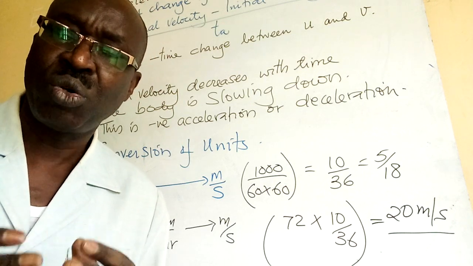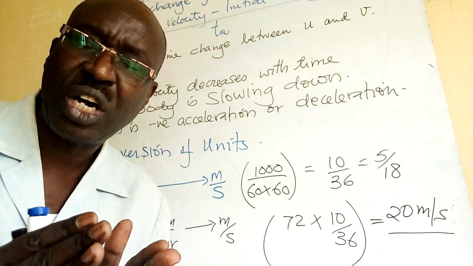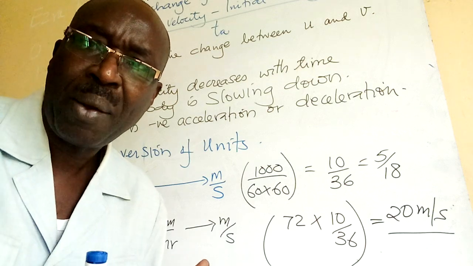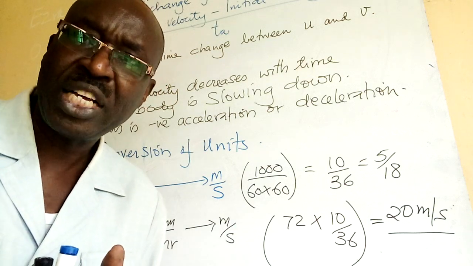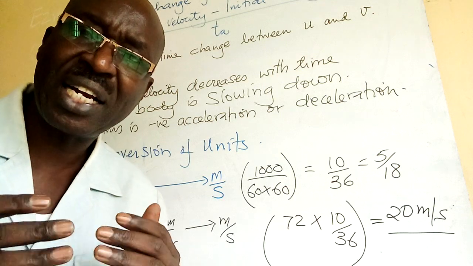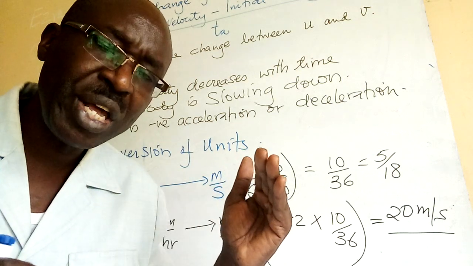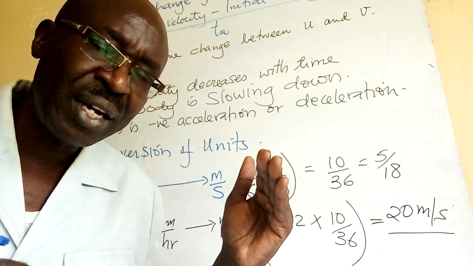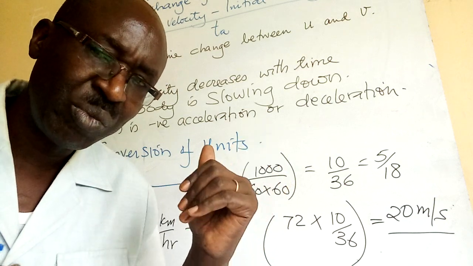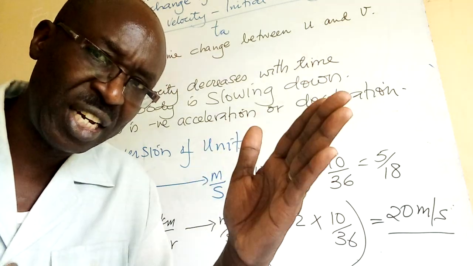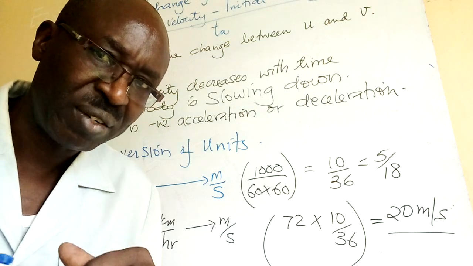Okay? So there are some questions you can get which will require a bit of input, especially questions where you are given speed and distance. I moved at this speed and covered this distance, so you must get the time taken.